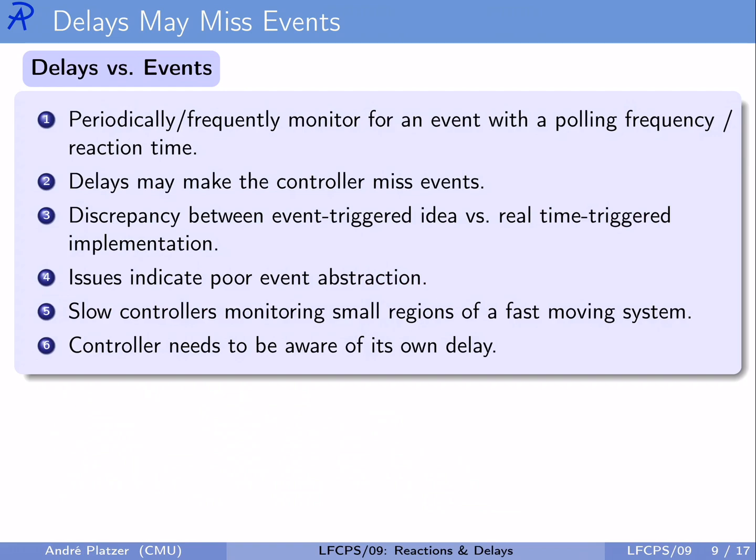And more or less the point is the following, that slow controllers that are monitoring pretty small regions of a fast-moving system usually are in trouble. They have to take delays seriously. But if, for example, you're trying to see whether you moved across an entire football stadium with a lawnmower, you will probably notice whether you've moved somewhere on the football stadium, because the lawnmower is pretty slow and the football stadium is pretty big, so you'll notice this.